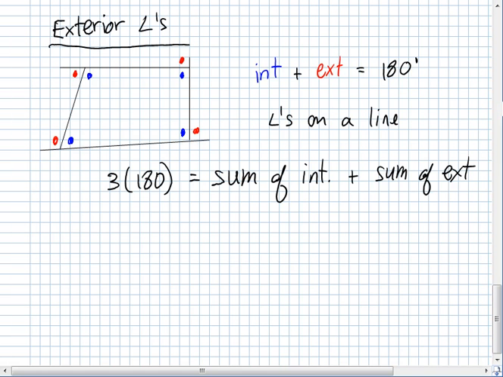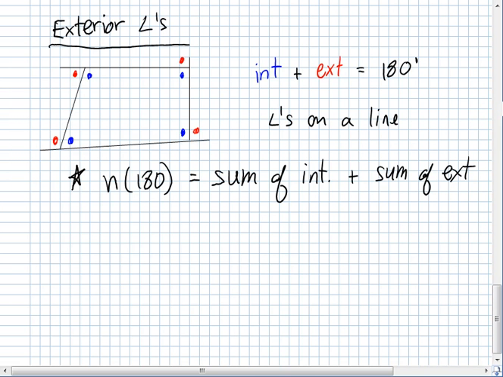So it makes sense that if you have n sides, n times 180 is equal to the sum of the interior plus the sum of the exterior angles. So this formula generalizes for any polygon.